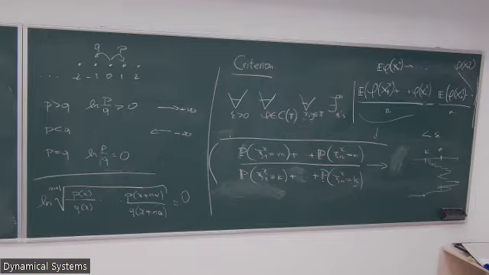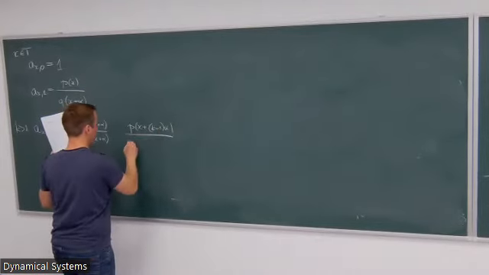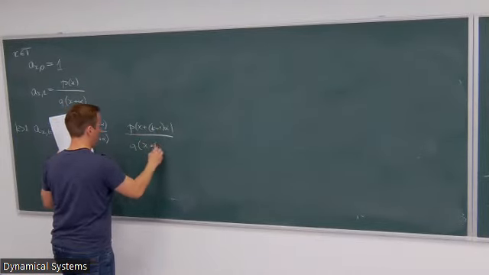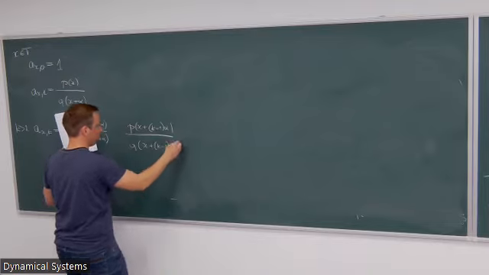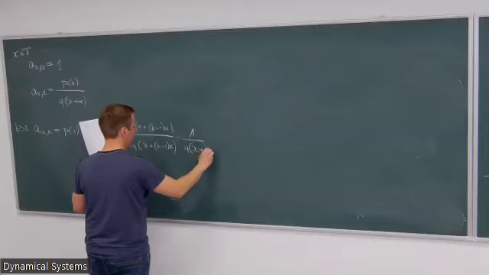And for k greater than 1, it's the product of p of x plus alpha, p of x plus 2 alpha, and so on, times 1 over q of x plus k alpha.